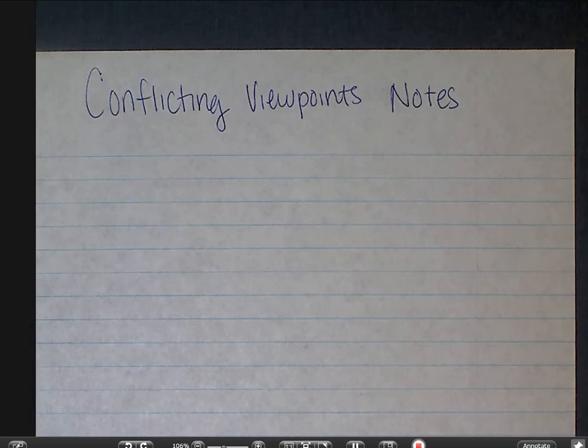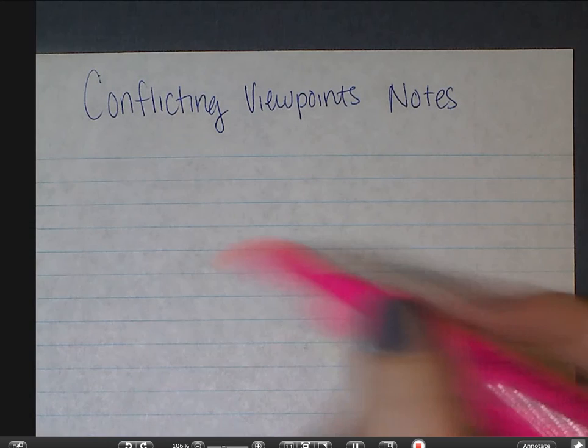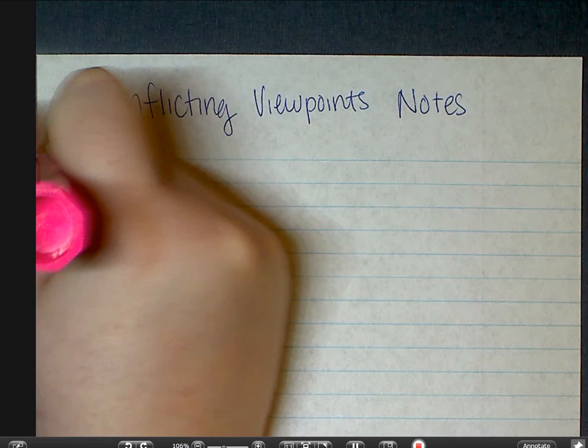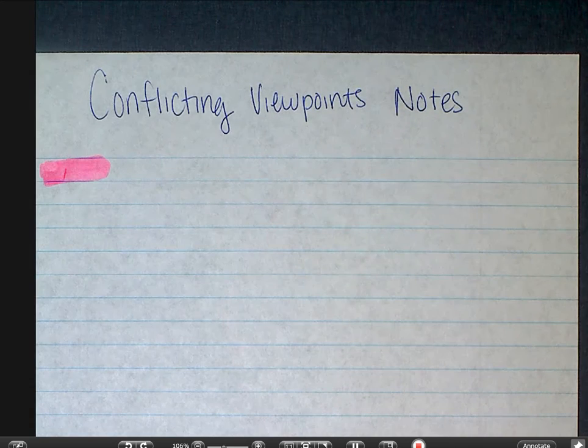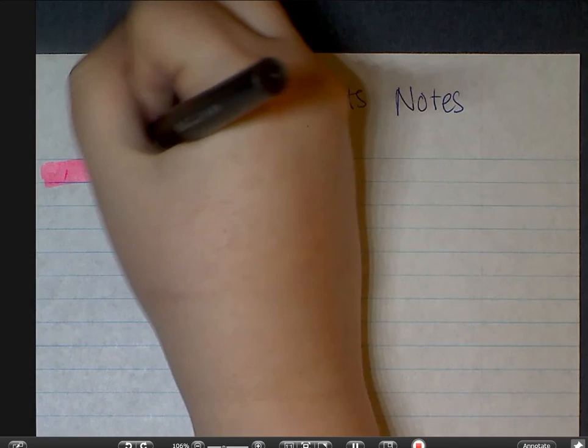So we're going to start with our pink highlighter, and we're going to make a little key for ourselves at the top. The first line I'm going to do is pink, and that is going to be issue.